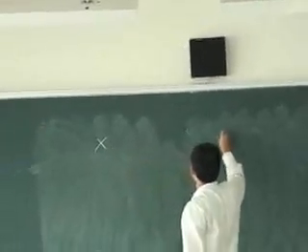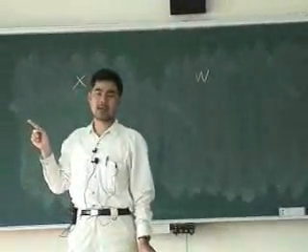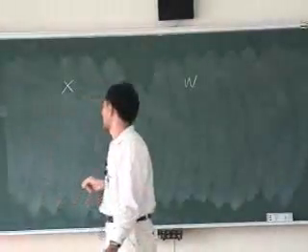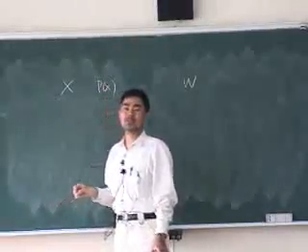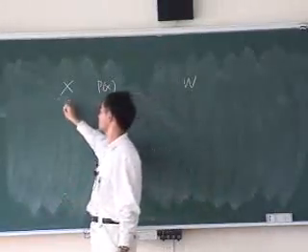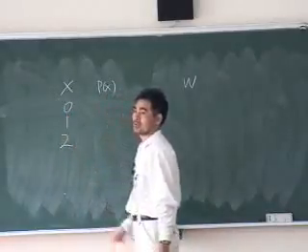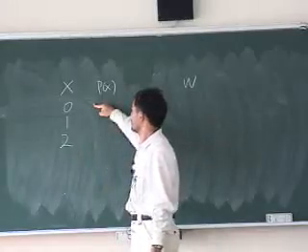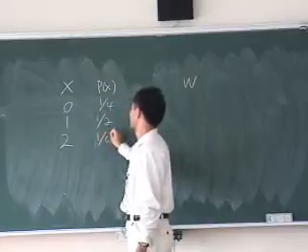We already know x: it is the number of heads when you cast a coin twice. So x has 3 possible values: 0, 1, and 2. The probability that x is equal to 0 is 1/4, for 1 it is 1/2, and for 2 it is 1/4.